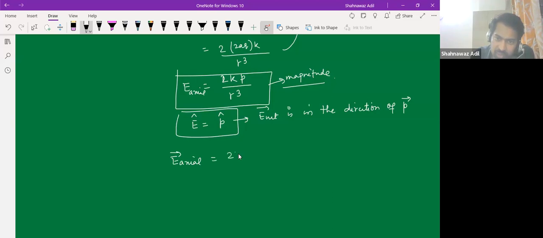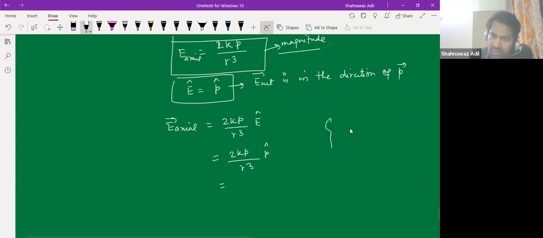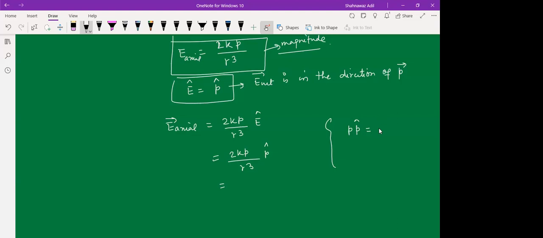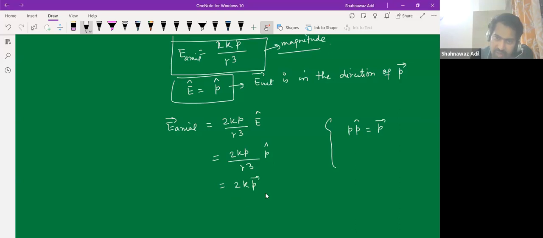This would be 2K times the magnitude and the direction. And the direction we know is the same as the dipole moment. So P and P hat. What is P into P hat, guys? Magnitude into direction. What is that? Vector, right? So this would be 2K P vector divided by R cube. So this is the electric field at the axial point.